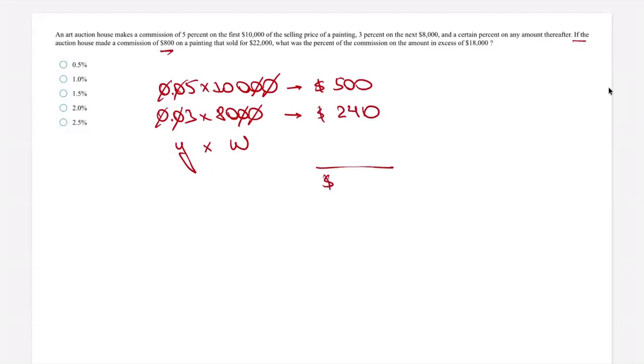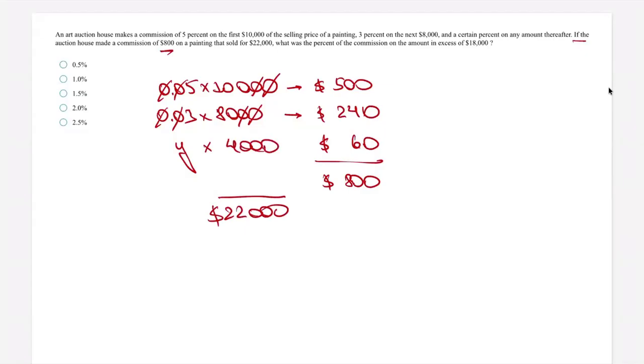If it's 800, yeah, no, I'm right, it's 60 here. Do you guys agree? Okay. And the total is 22,000. So if here's 22,000, the W here is 4,000. Do you guys agree?